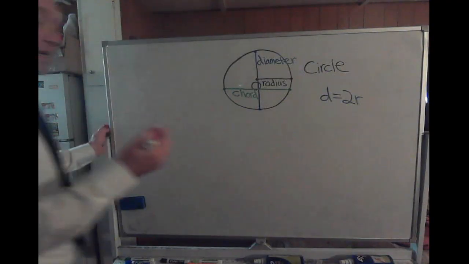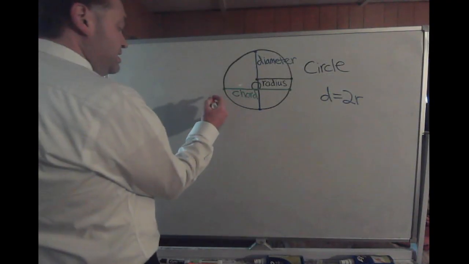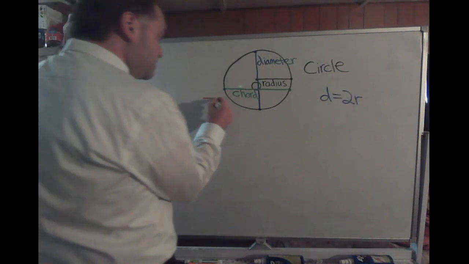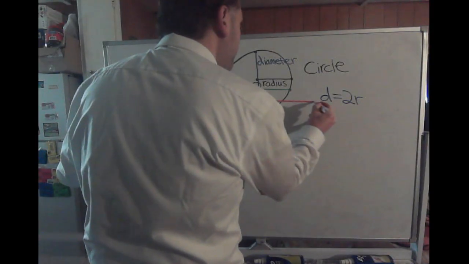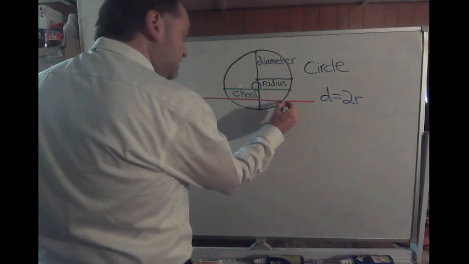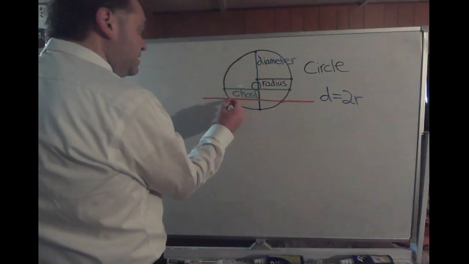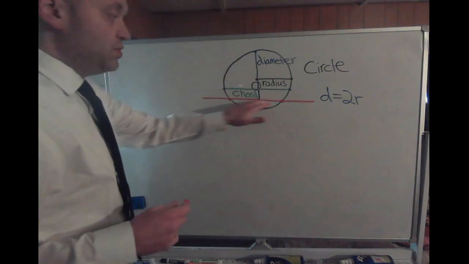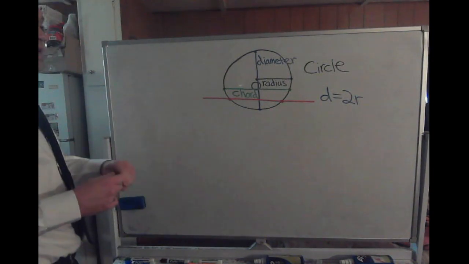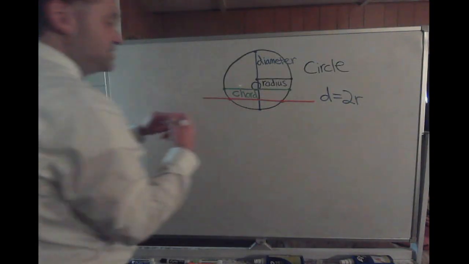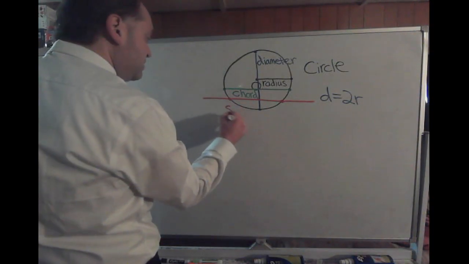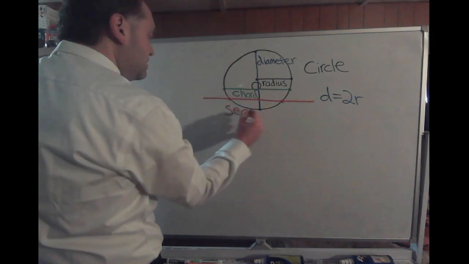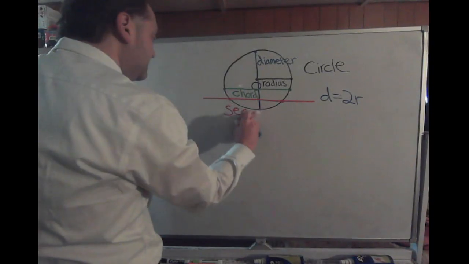A secant line will travel through the circle. It'll cross two points of the circle, but it usually goes through the outside of the circle also. That is called the secant line. The red is a secant line.